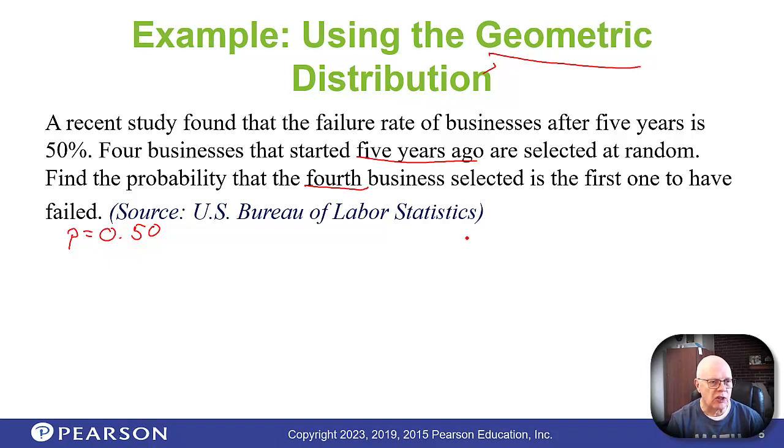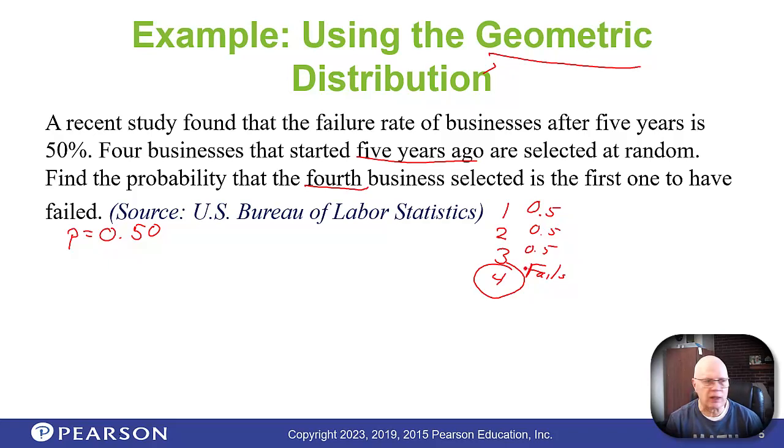So in other words, the first one doesn't fail. The second one doesn't fail. The third one doesn't fail. The fourth one fails. And on each one of those, the chances on this one is 0.5, 0.5, 0.5, and still the same on the fourth one.